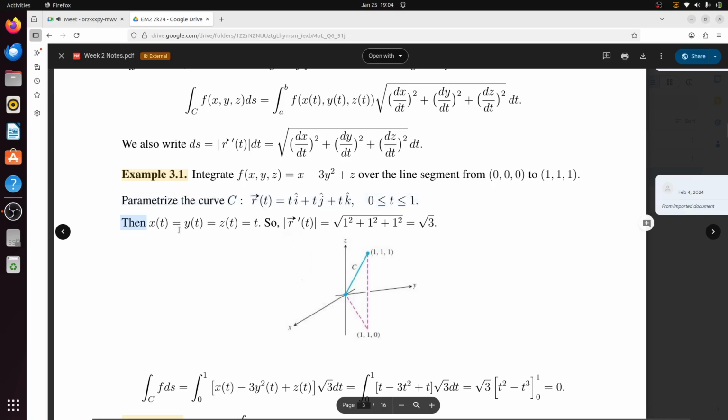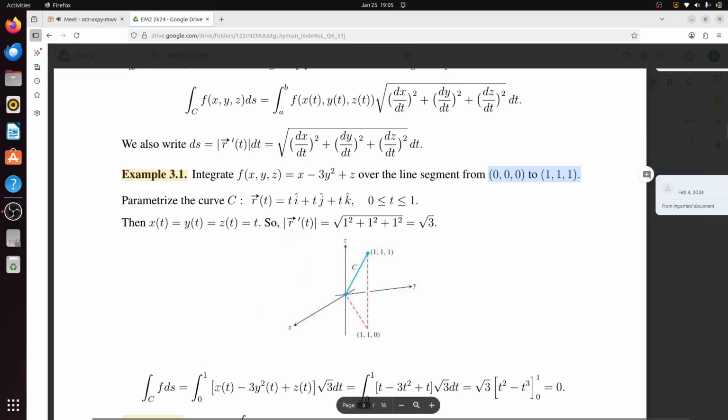Then x(t) equal to y(t) equal to z(t) equal to t. Then this vector dr/dt has modulus square root of the derivative of t, which is 1, and the component-wise derivatives give 1 square plus 1 square plus 1 square, so this becomes square root of 3. Now your t varies from 0 to 1.